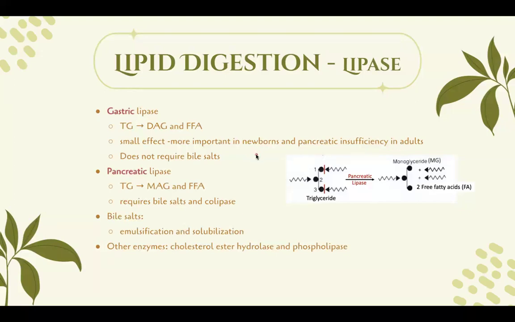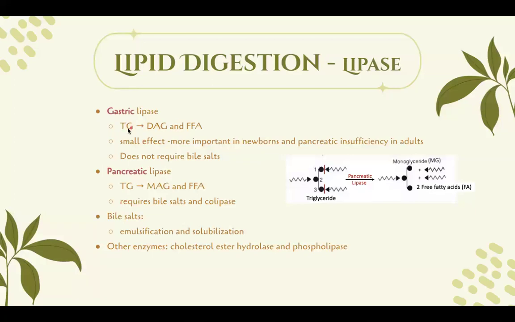Newborns have defective pancreatic enzymes because they're still not adapted to eating lipids, so instead of using pancreatic lipase, they break down their lipids using gastric lipase. Adults with pancreatic insufficiency don't have pancreatic lipases to use as they need them, so they use the gastric lipase, okay?